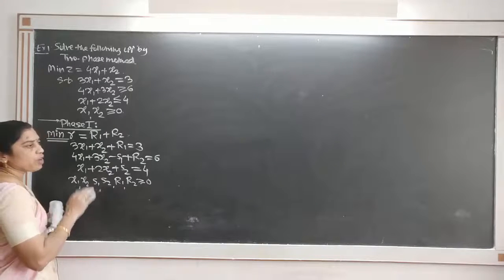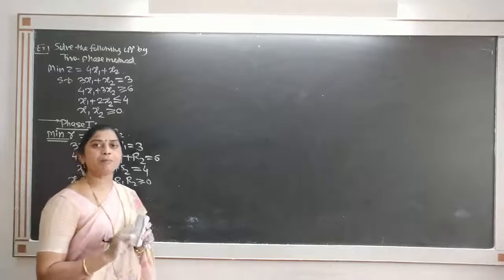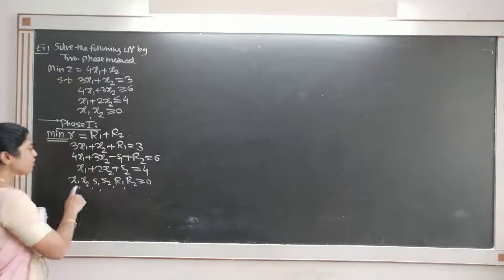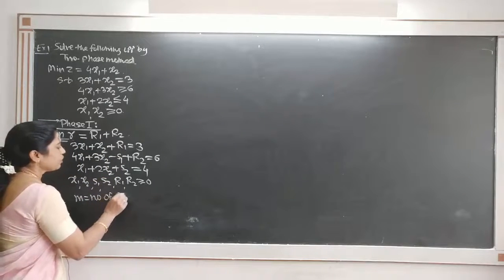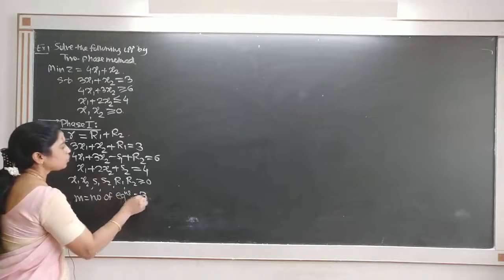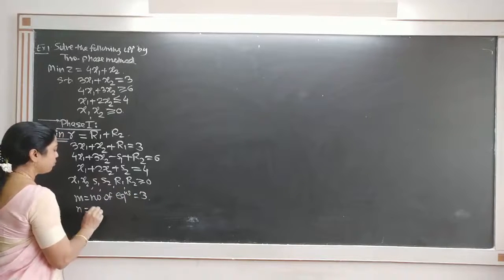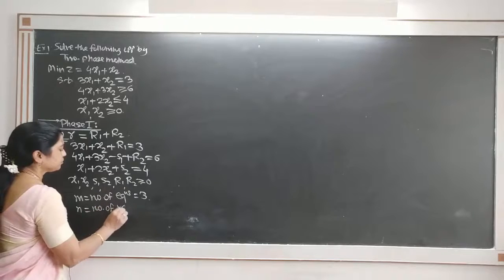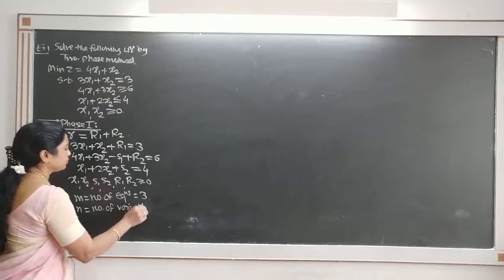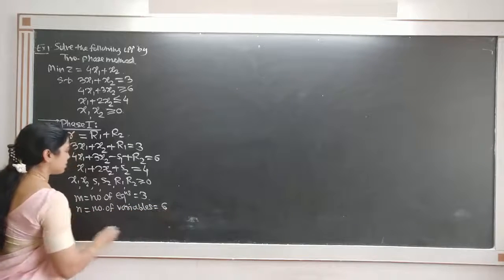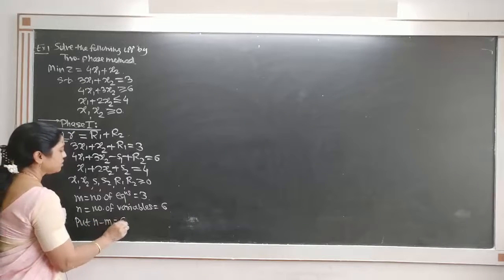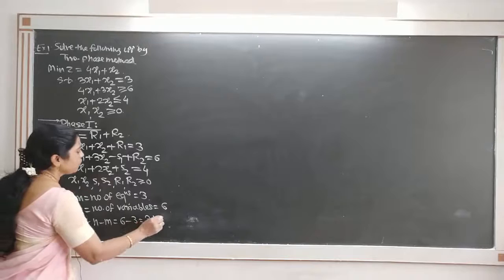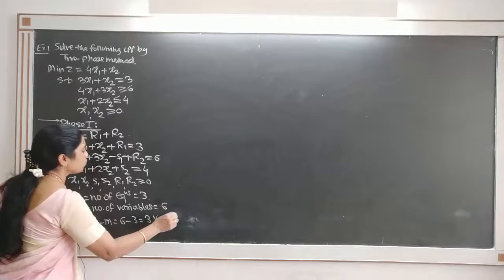Now as usual we have to solve this problem by the big M method. So the first thing, M, that is number of equations, equal to 3, N, that is number of variables, equal to 6. So put N minus M, that is 6 minus 3, 3 variables equal to 0.